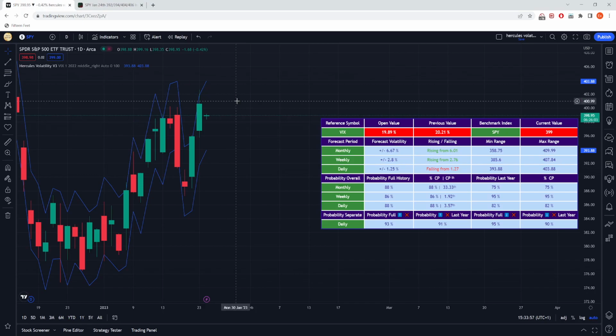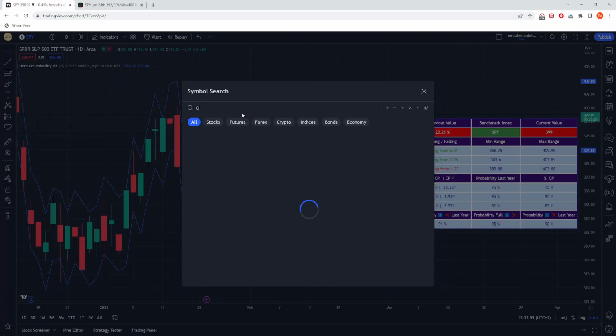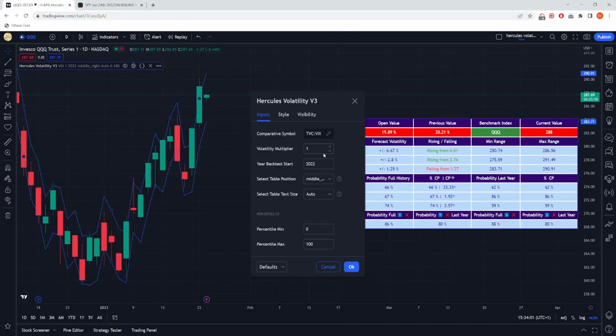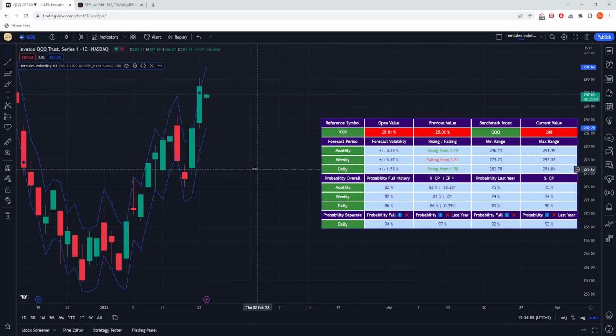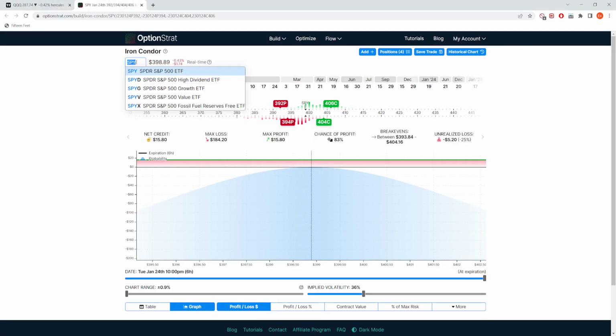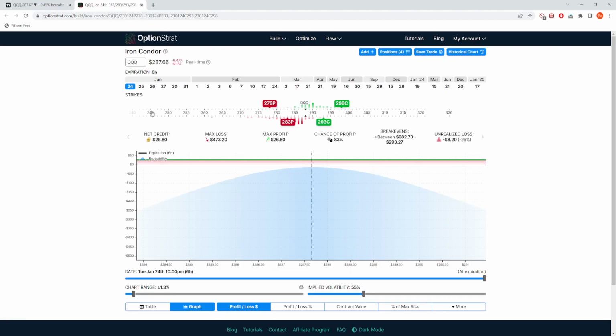Let's go, however, with QQQ. Let's try QQQ fast, but for this case we'll have to use VXN. The same situation, we will have a 90 and a 92. In this case, we can go with 283 and 292.